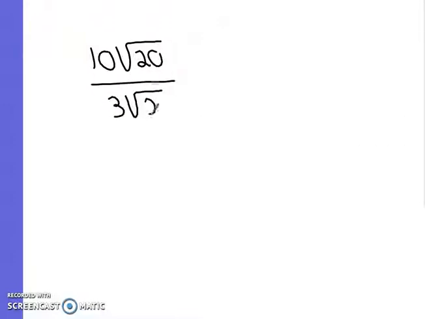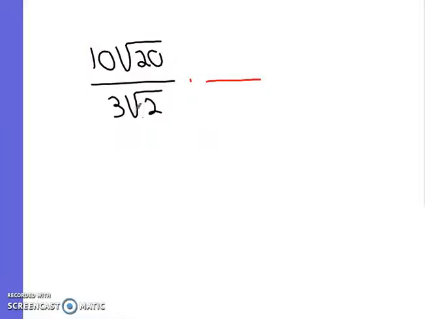Let's get 10 square root 20 over 3 square root 2. Do I need to simplify the root 20 down into 4 root 5 or whatever I get? I don't need to do that yet. I can take care of that all at once at the end here. So what should I multiply top and bottom by?